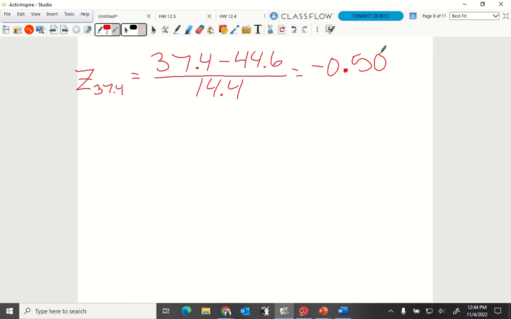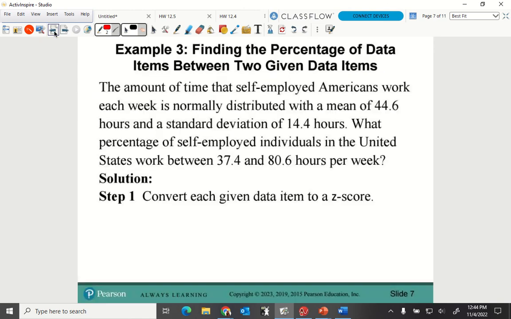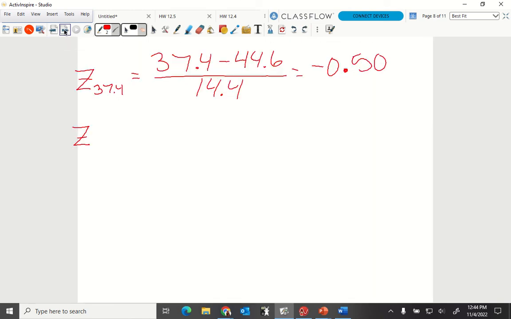The top end would be the z-score of 80.6: 80.6 minus the mean, 44.6, divided by the standard deviation.